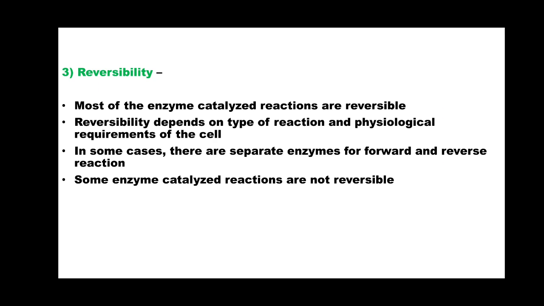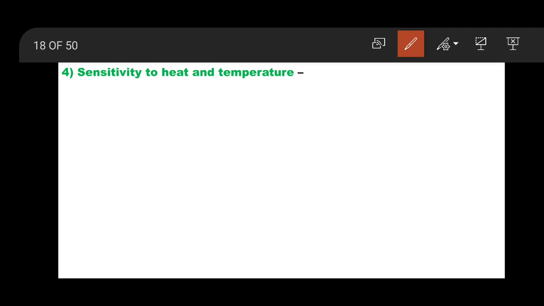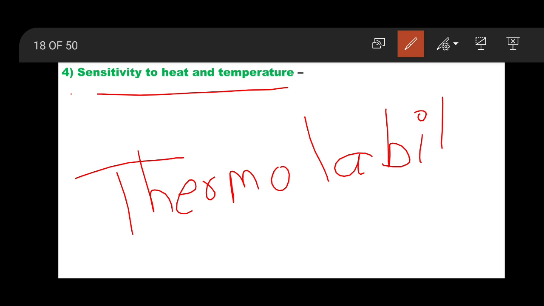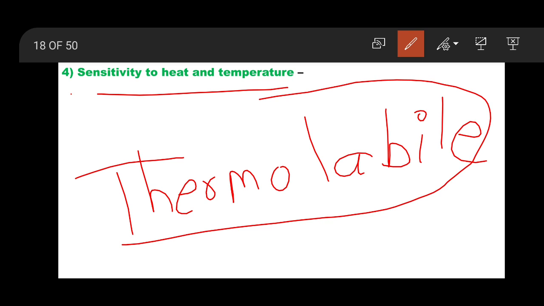So this was all about reversibility. Next property is sensitivity to heat and temperature. Enzymes are thermolabile, means they are very sensitive to heat and temperature.